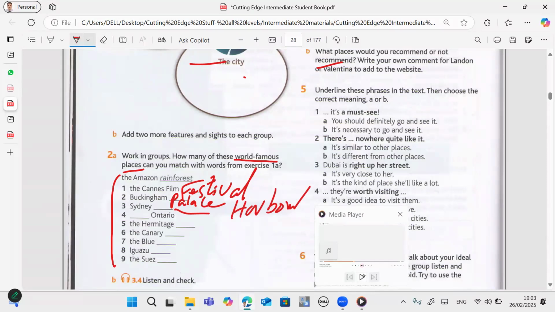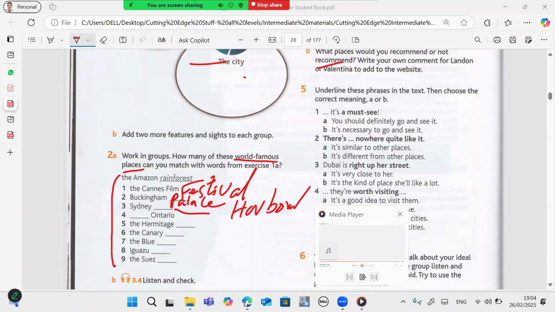Okay, like Boulevard, for example. Riyadh Boulevard, you can say Boulevard Harbour. Okay, this is where you can find the most sightseeing places in Riyadh. Boulevard, for example.